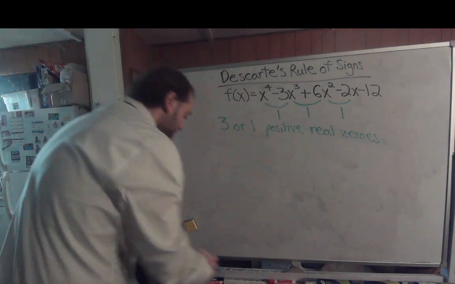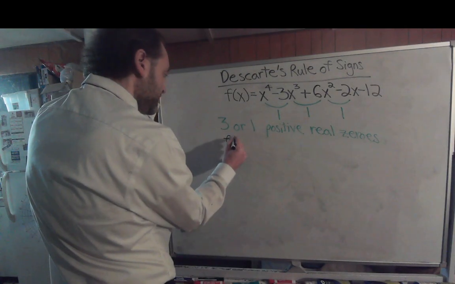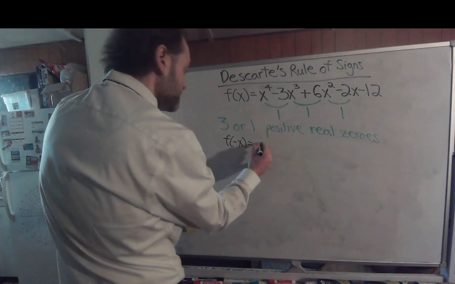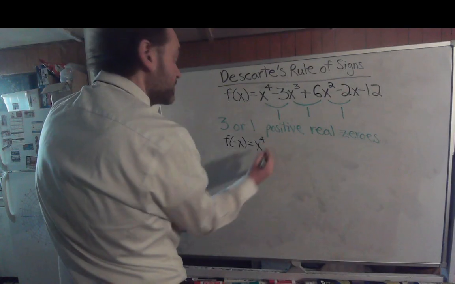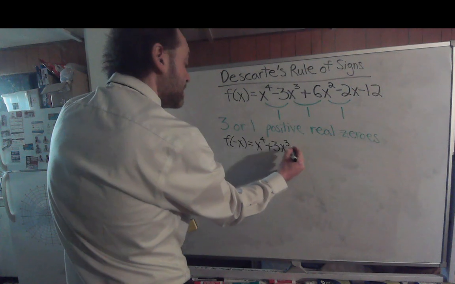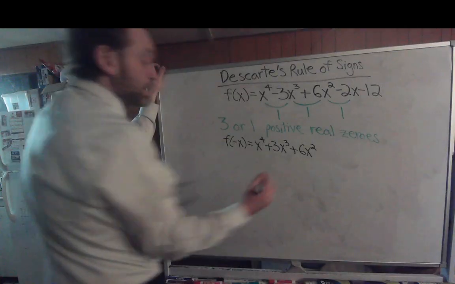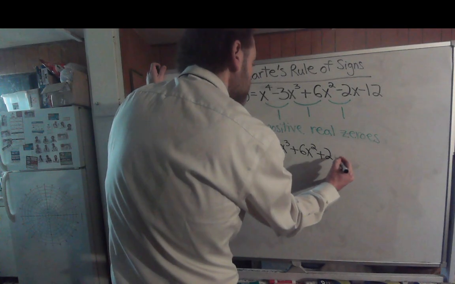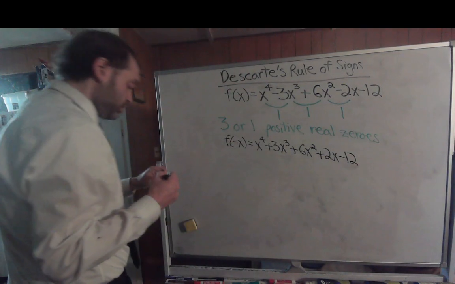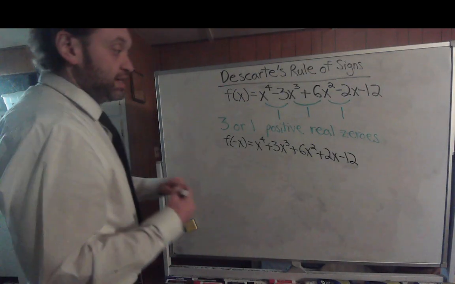Alright, now we need to figure out negative real zeros. So let's do f of negative x. F of negative x would give you x to the 4th plus 3x to the 3rd plus 6x squared plus 2x minus 12. Alright, so let's figure out how many sign changes there are.